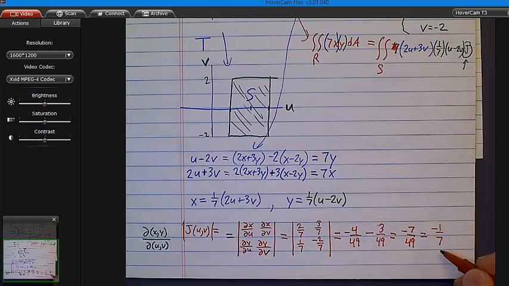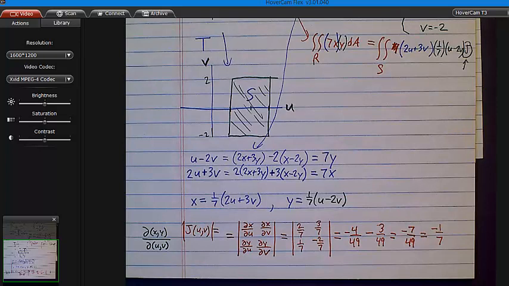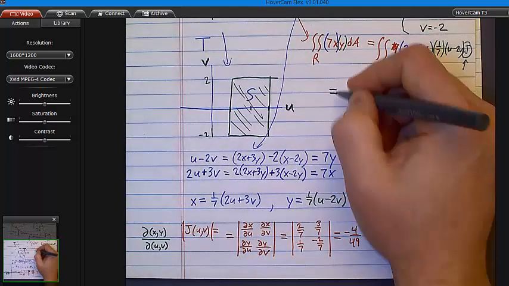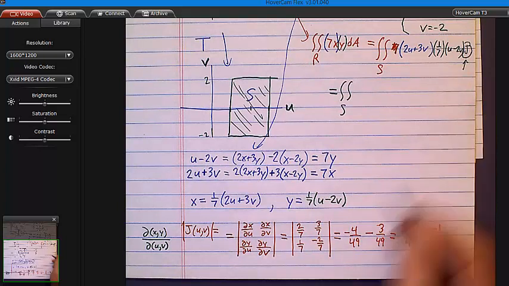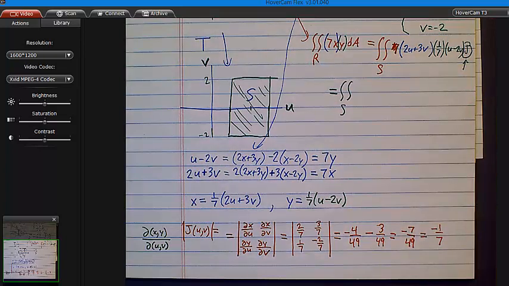Negative 1/7 is what I have to multiply that by there. And so when you look at this thing, right, what does this equal now? Here, maybe we can write it out. This equals the double integral over S of, well, I guess I have negative 1/49, right? Oh wait, time out.